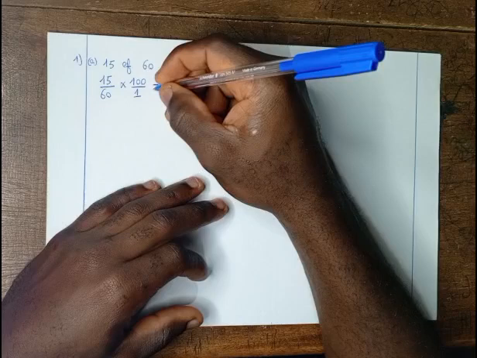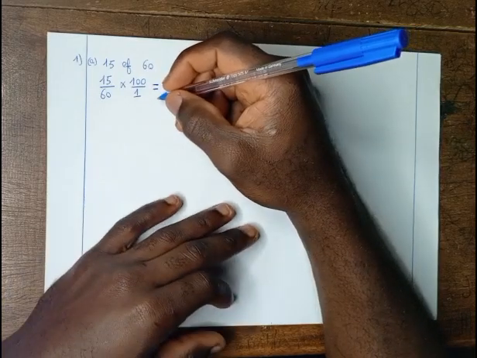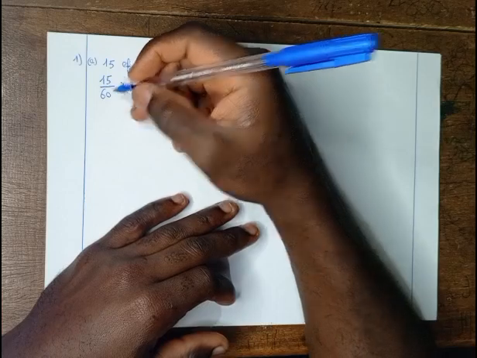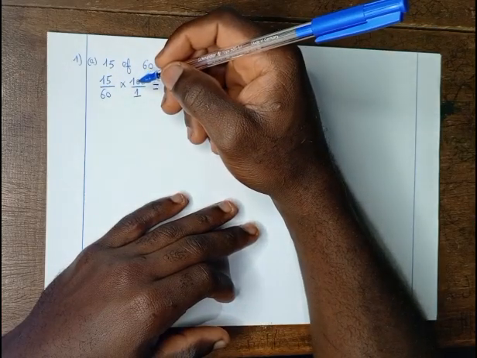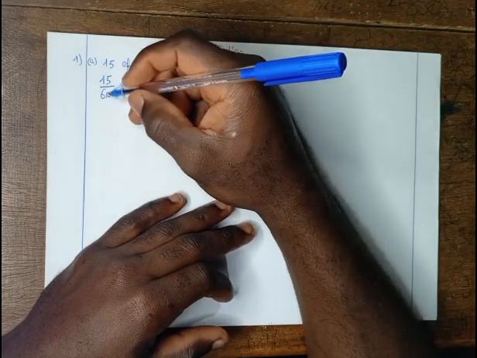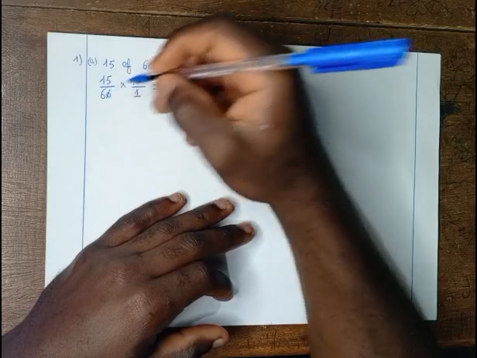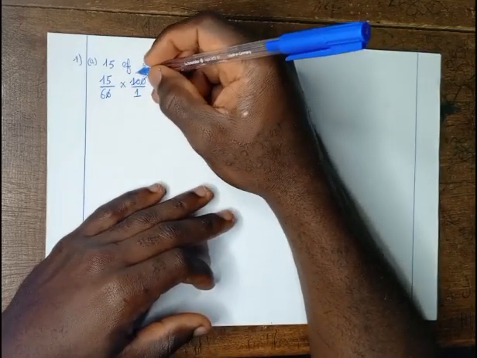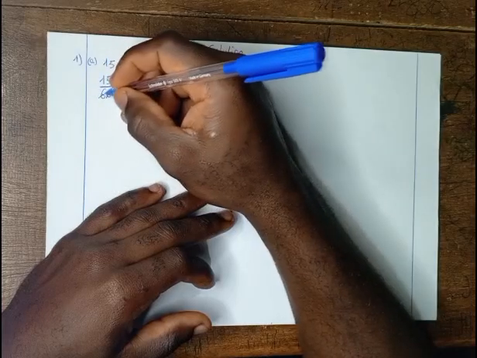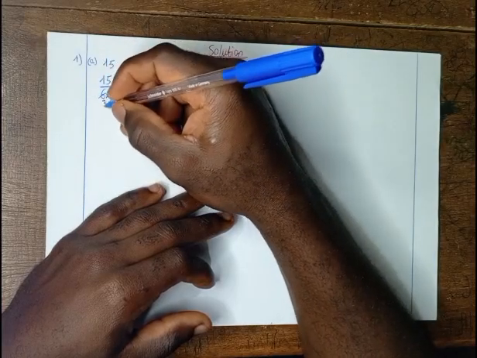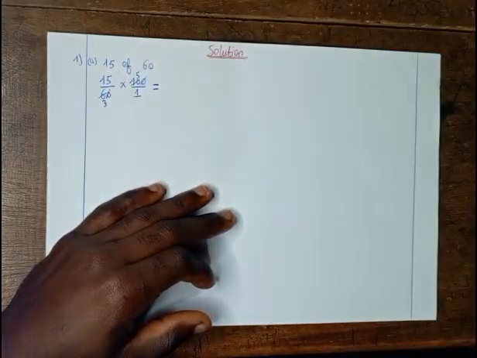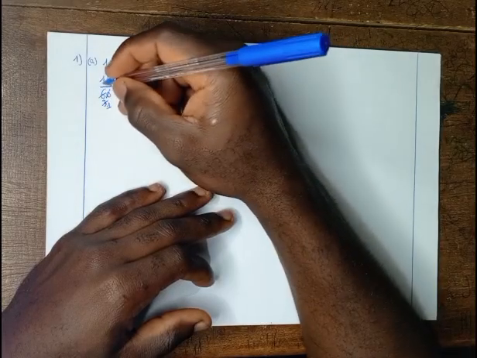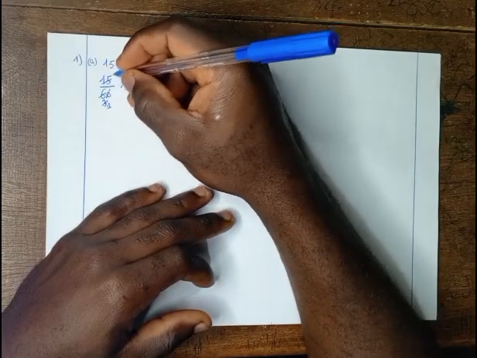This will simply be equal to, now we need to perform all necessary simplifications. We know this 0 and this 0 will strike off. 2 will go into 10 5 times. 2 will go into 6 3 times. 3 will go into 3 here 1 time. 3 will go into 15 5 times.